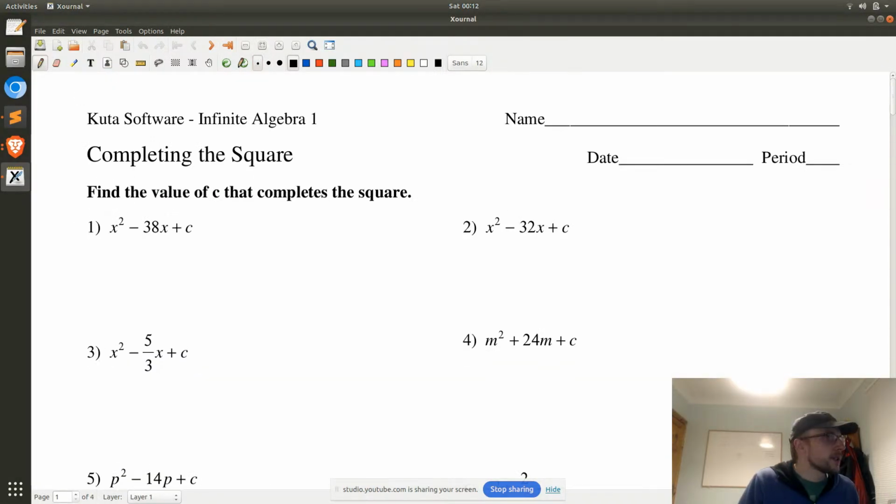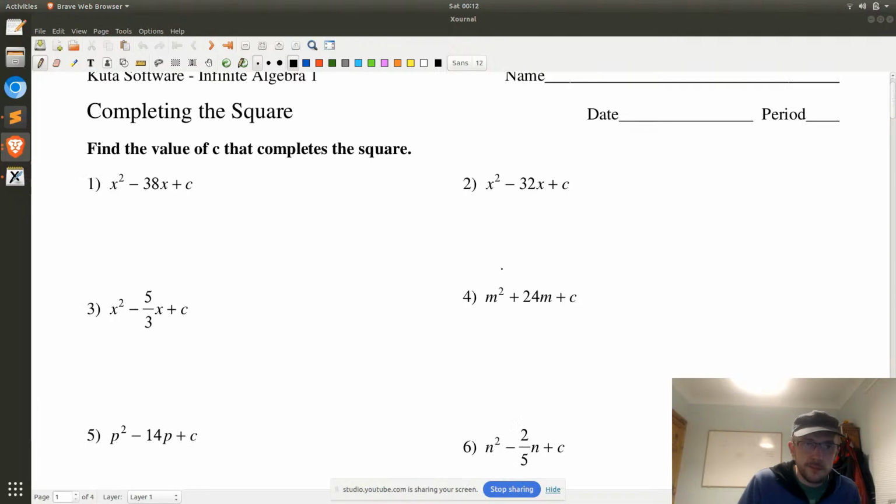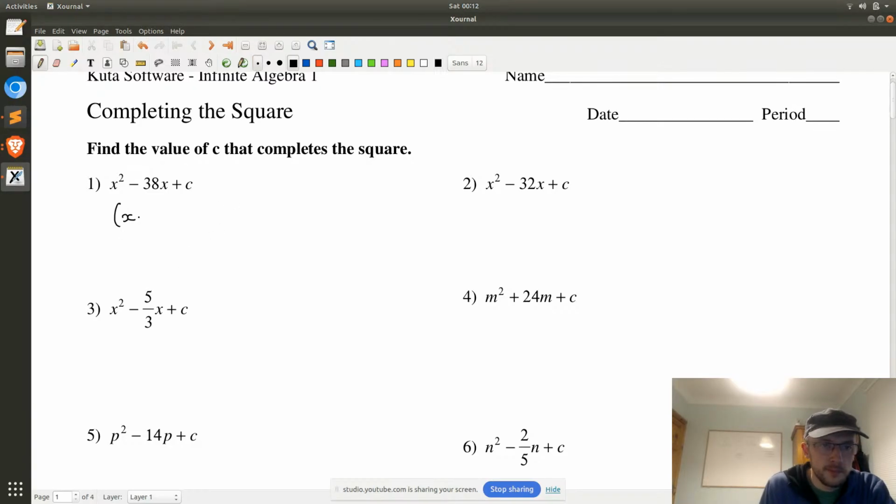Oh, I love completing the square. Let's see how many. 30. All right. So like that.